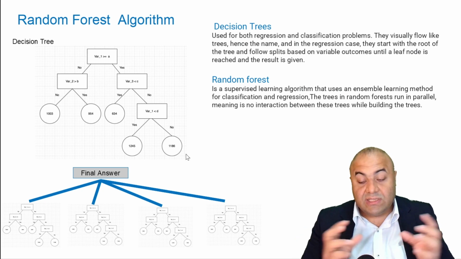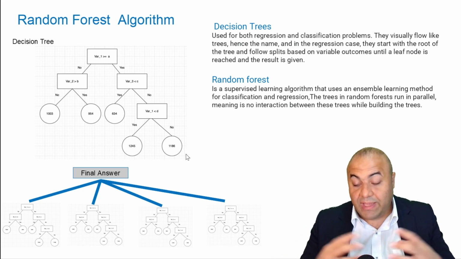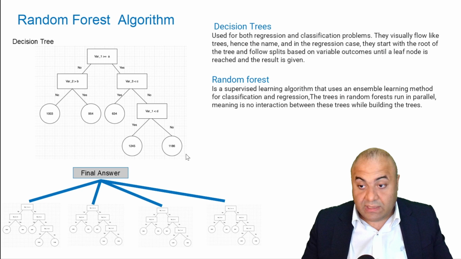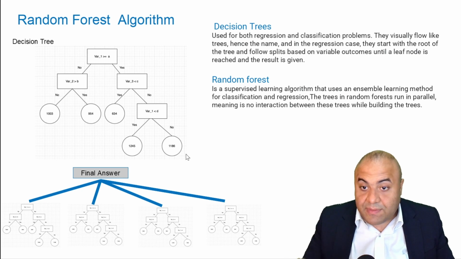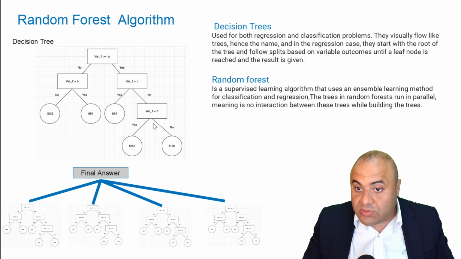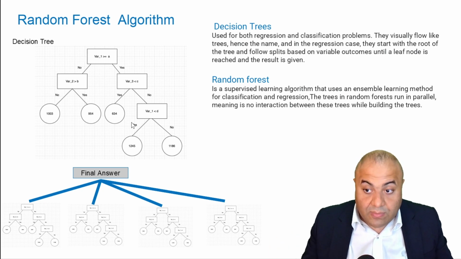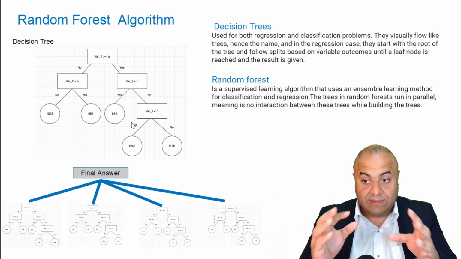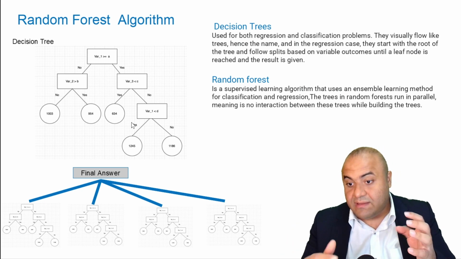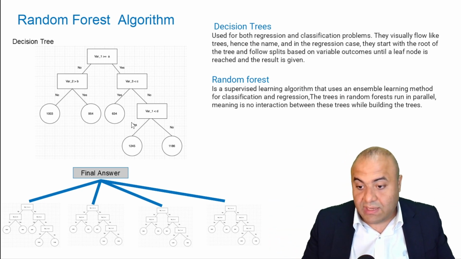So the combination is random, and we have a lot of trees, sometimes 300, 400, maybe 1000, and these trees even have different depths. The depth is how many branches we go, as you can see here. In this case, we have only 3. So this is how we create many trees, and at the end, these random trees are going to vote. Some of them will vote incorrectly, but collectively they will vote correctly.